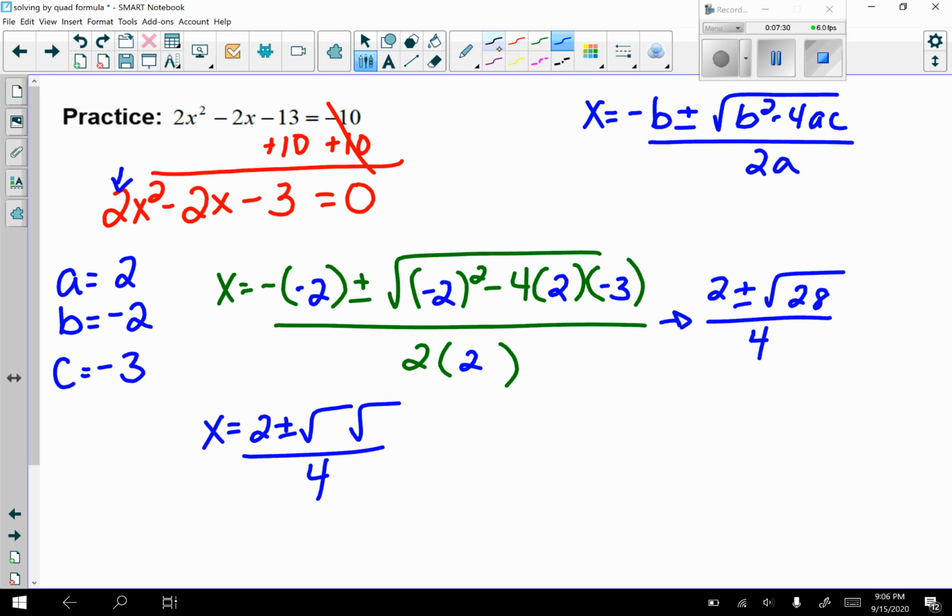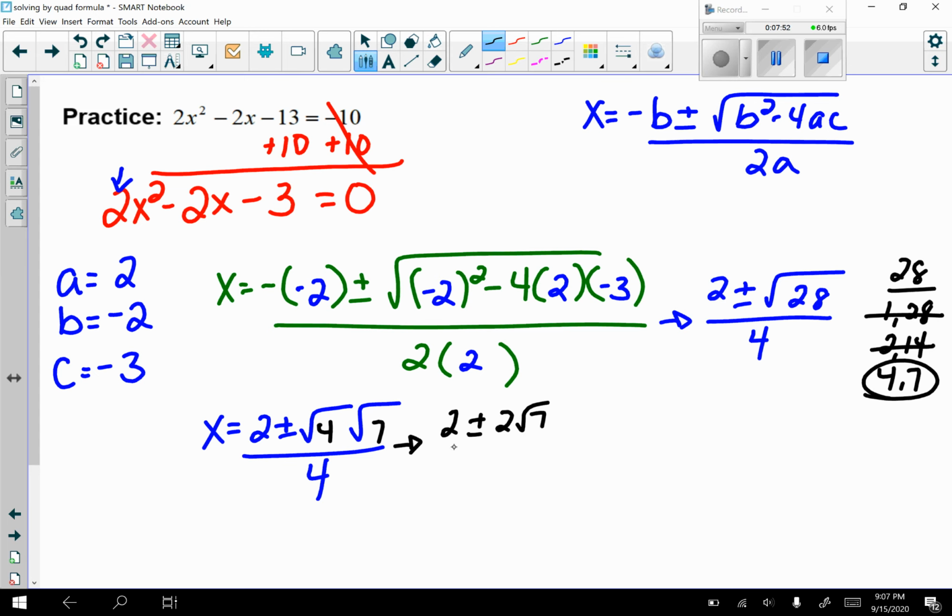If you need to, list out your factors of 28. 1 and 28, 2 and 14, 4 and 7. Not a perfect square, not a perfect square. I have to use 4 and 7. It becomes 2 plus or minus 2 radical 7 over 4.